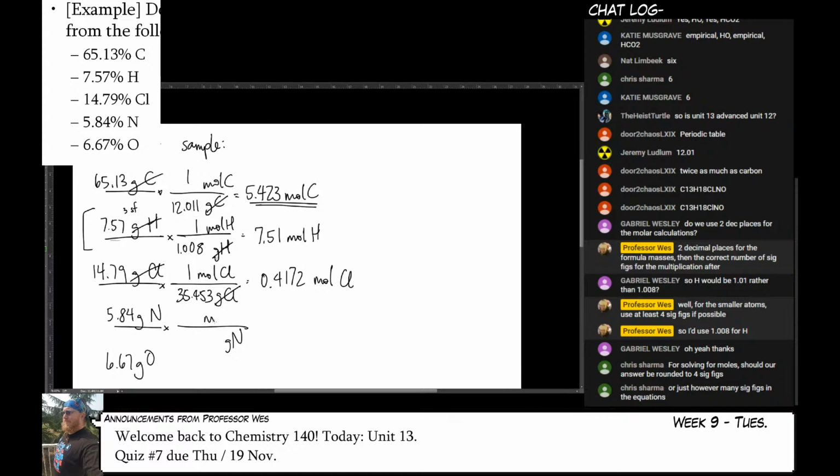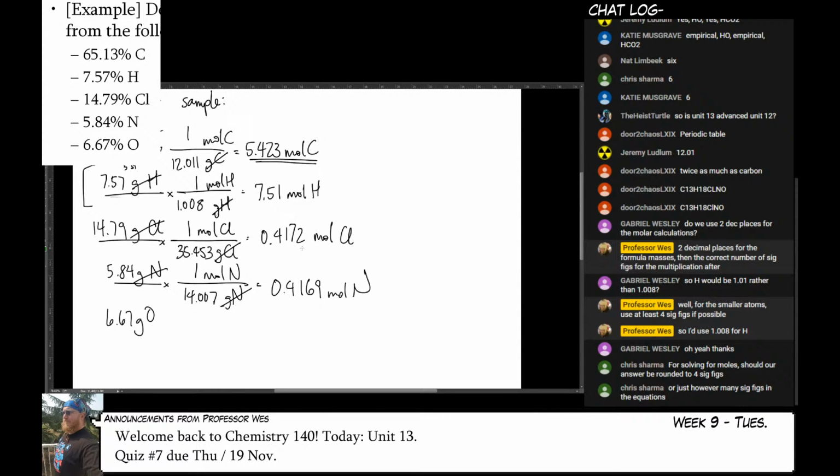Grams of nitrogen, moles of nitrogen. And I get 0.4169. You'll notice that that number is quite close to the number we got for chlorine.